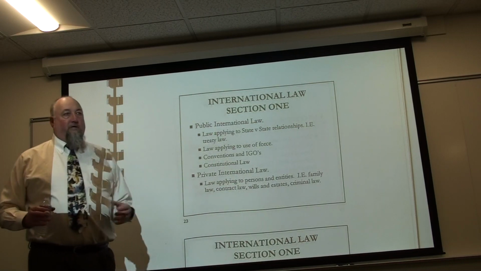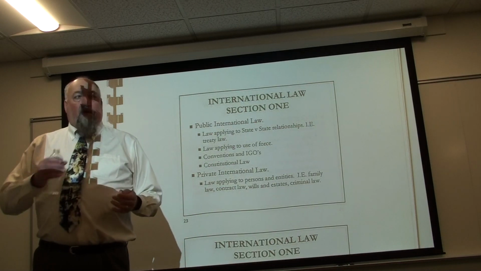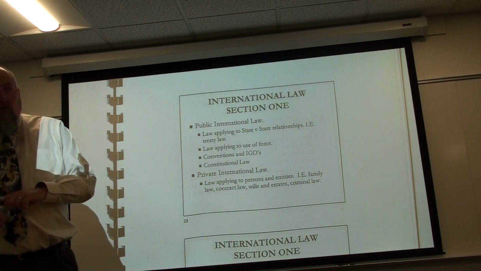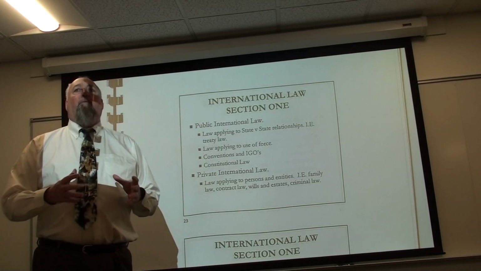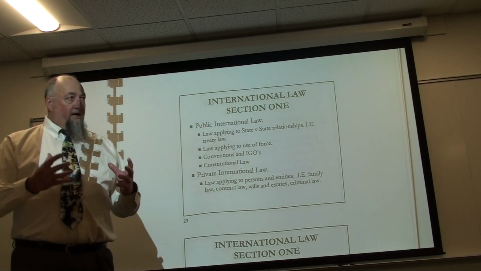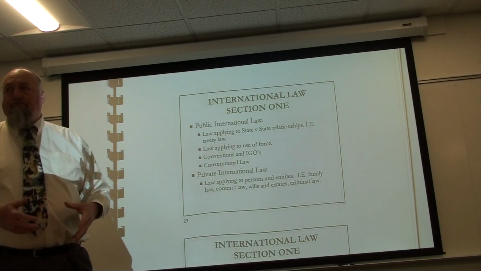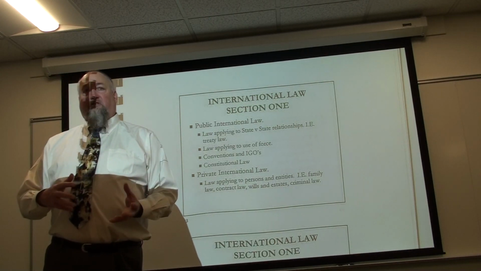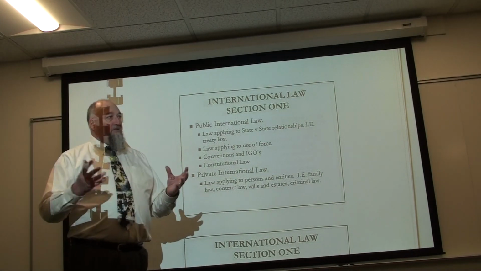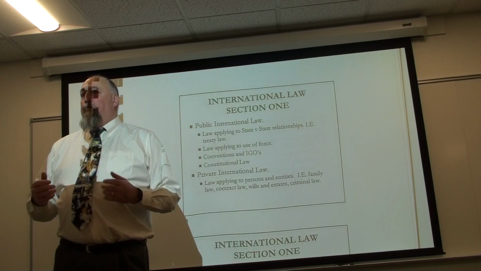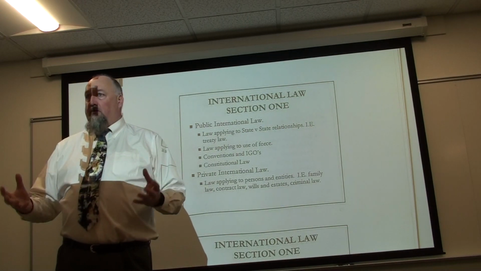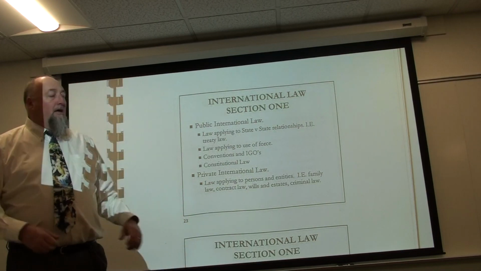Constitutional law, which is essentially law either domestically or like the UN Charter, that is international law that deals with how international organizations are structured, what rights and duties they have. Like the United Nations essentially has almost the same level as a state in terms of international immunities and other types of activities.